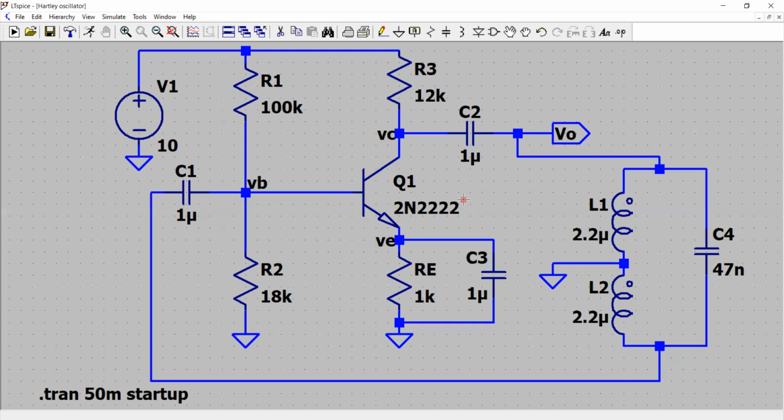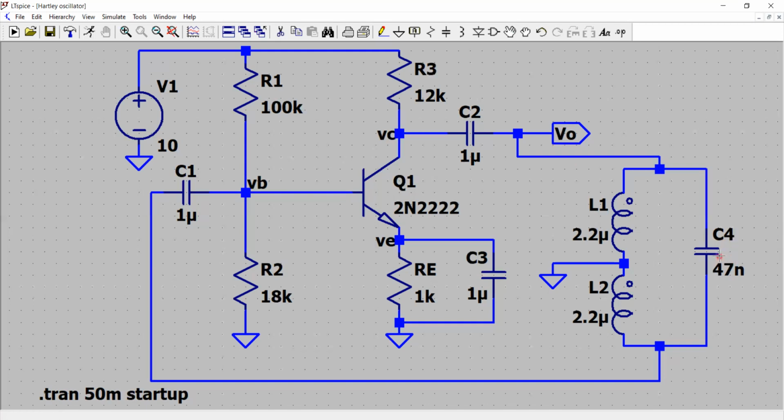Of course, the frequency of oscillation is determined by the passive components L1, L2, and C4. The formula is F equals 1 over 2 pi square root LC, where L is the combined inductance, or the sum of the two inductors, L1 plus L2. If there is any mutual inductance between them, a plus or minus 2M term also gets added to the inductance.